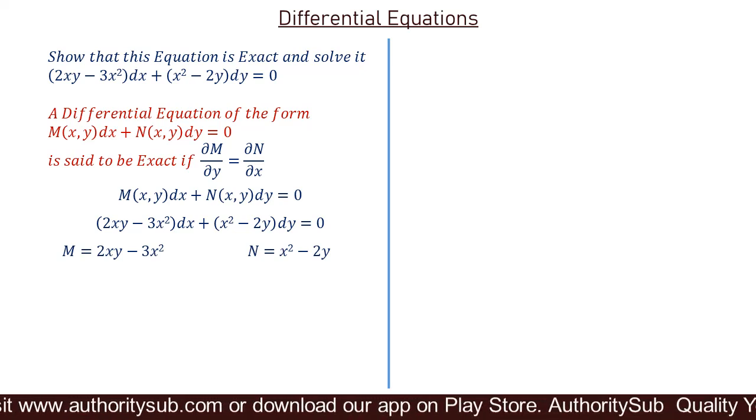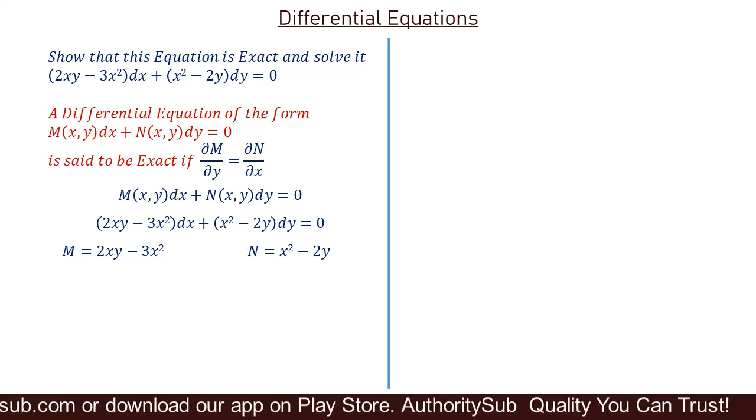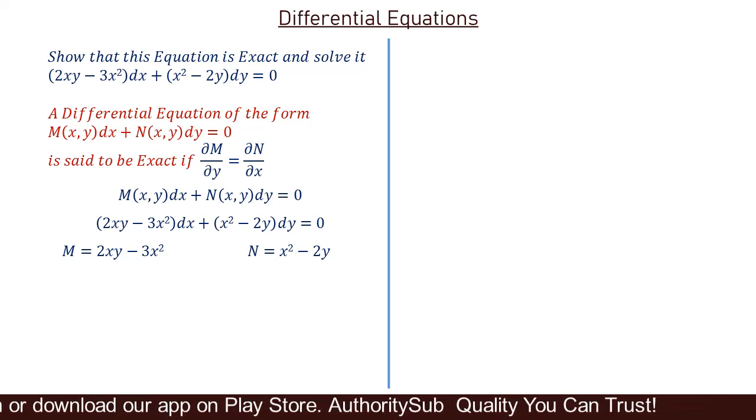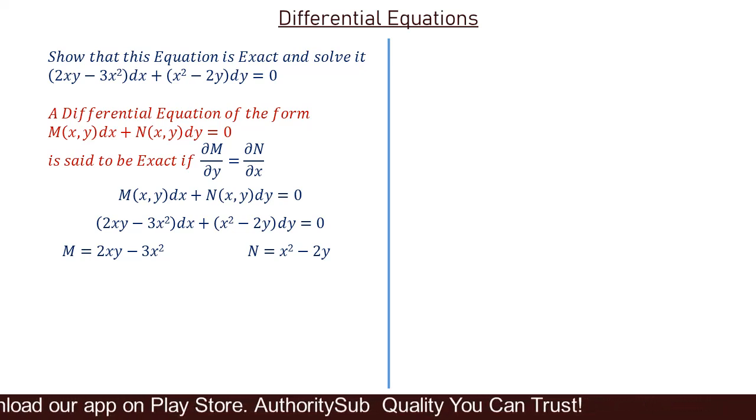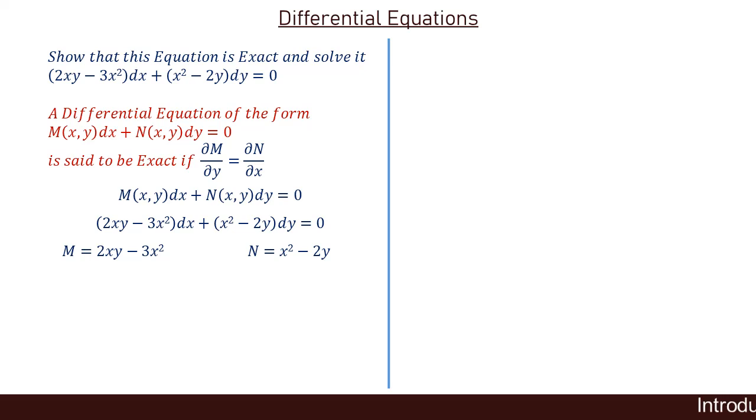And on the other side, we have N = x^2 - 2y. So on this M now, let's differentiate partially with respect to y. Differentiating partially with respect to y, meaning any variable that is not y, we are going to regard it as a constant. So this is partial derivatives.